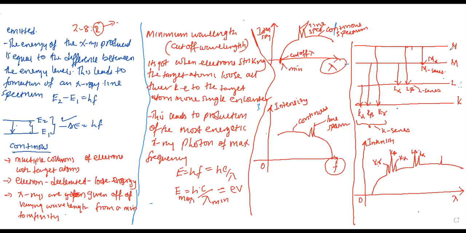Lastly, if you look at the transition from N to M, we have an M alpha line produced. The M alpha line is this one. So these are some of the graphs that can furthermore say something about the X-ray spectrum and about the energy levels in an X-ray spectrum.